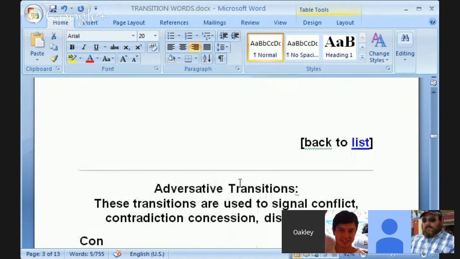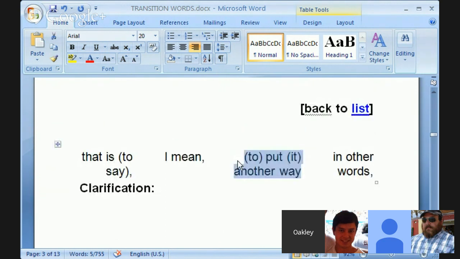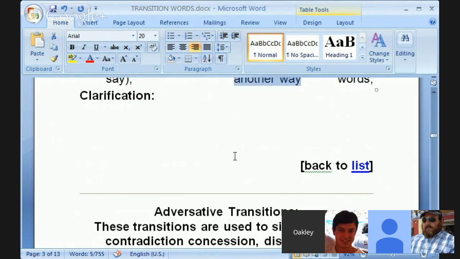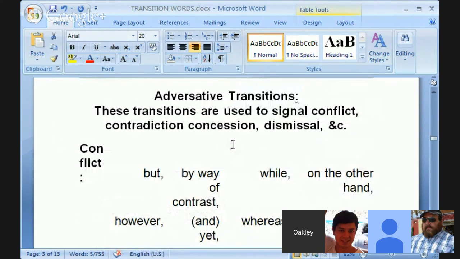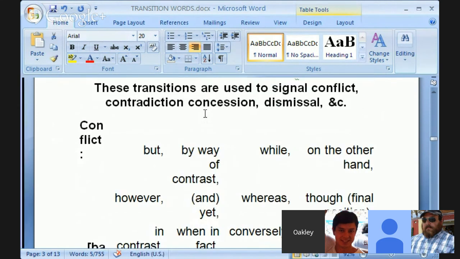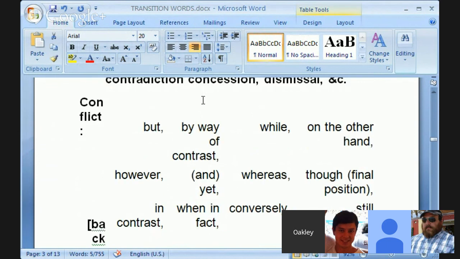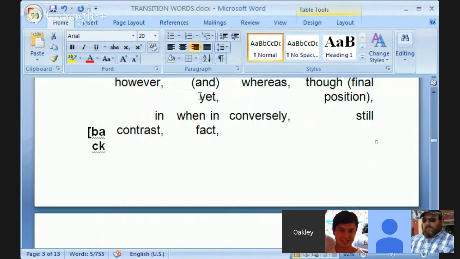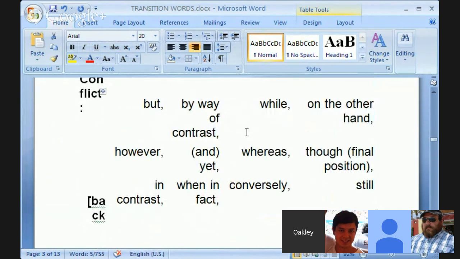Very common. Okay, all of the ones we've looked at so far are kind of when we're adding information. Now we're going to look at contradiction and contrast. Okay, this is where we get into adding a contrasting point.